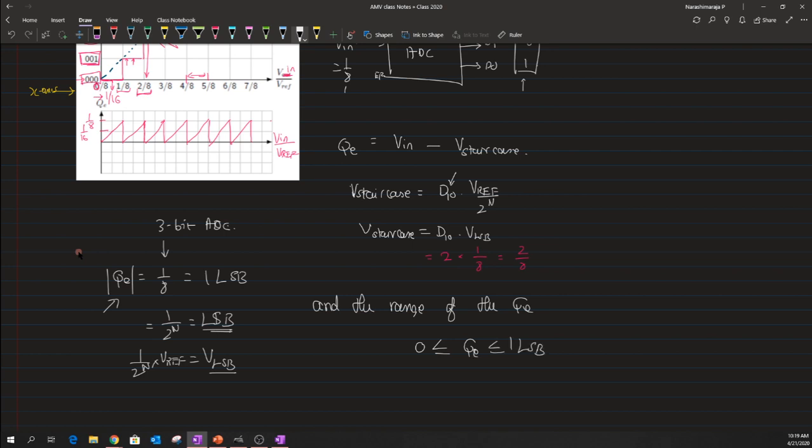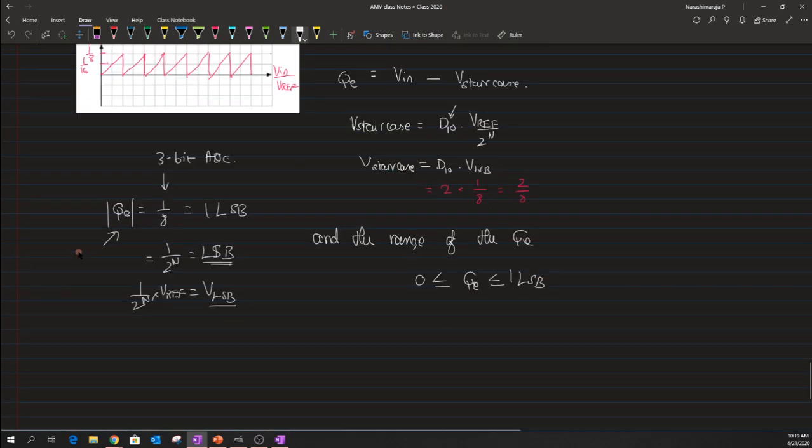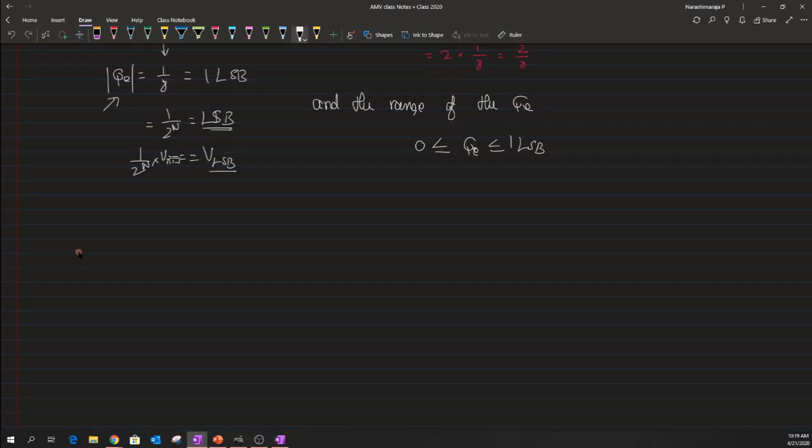Now in most practical cases, all the errors of any data converter have to be always within the range of plus or minus half LSB. So this is the practical condition, and later I will tell you what the other types of errors are.